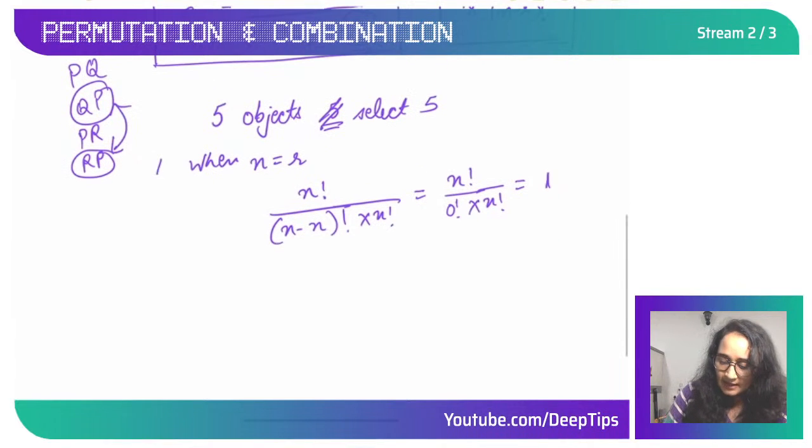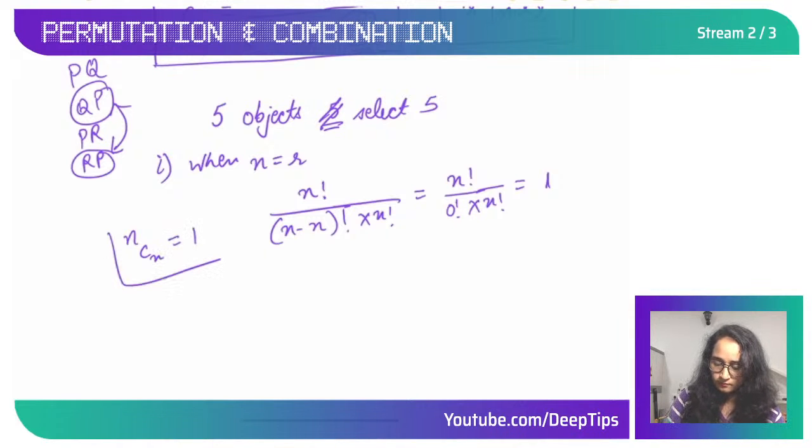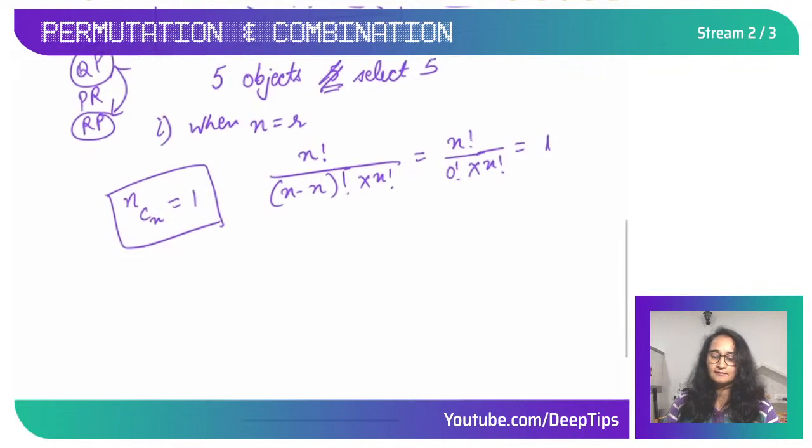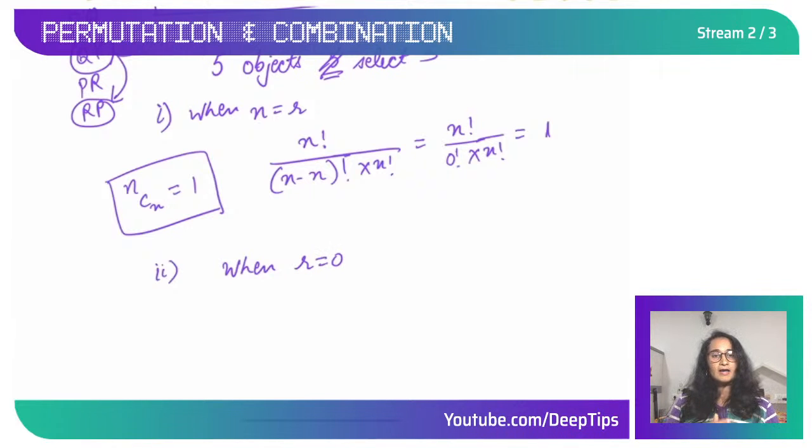So this is case 1. When n equals r, then nCn is equal to 1. Now consider when you don't have to select anything, when r is equal to 0. If I say I have 5 objects, but you don't have to make any group or select anything, that means r equals 0.